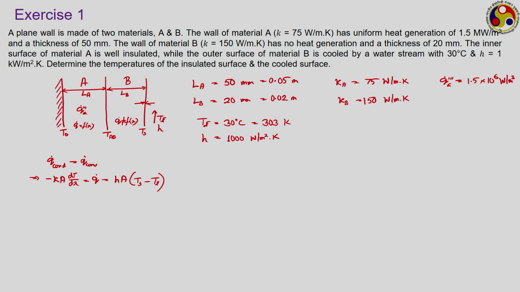But how can we get this q dot? From where is the q dot coming? The q dot is coming from whatever energy is getting generated in A, which passes through B without any change.